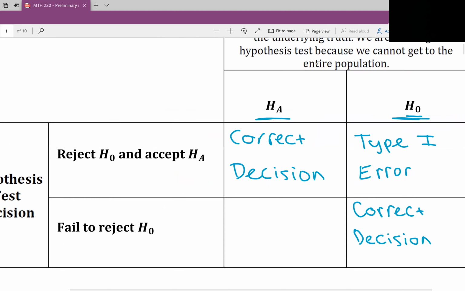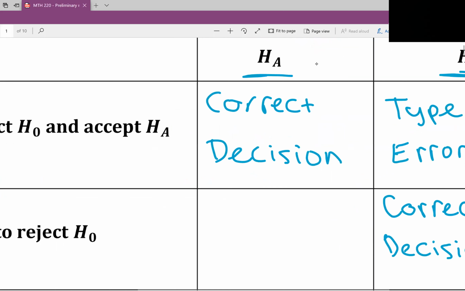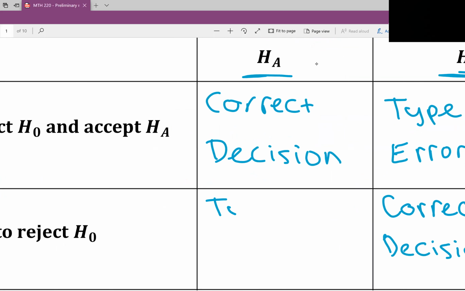If we fail to reject H0, it means we did not accept HA as the truth. So if we fail to reject H0, but HA is the underlying truth, then again, we made some type of error. And we're going to call this error a type 2 error.